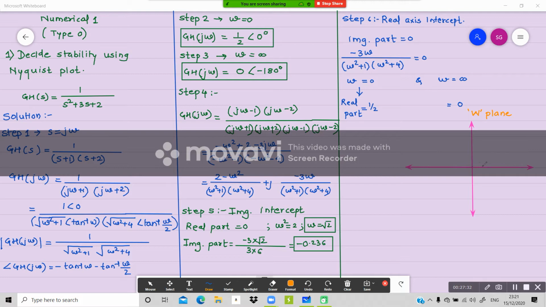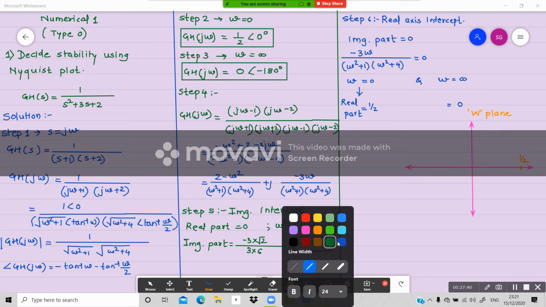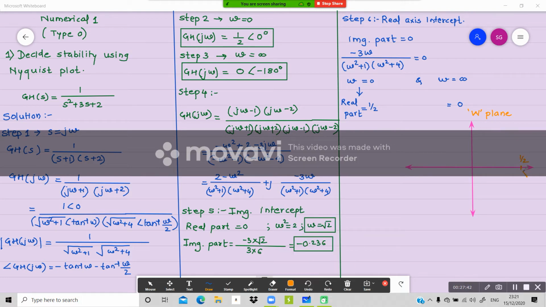So let us say from this point till this point that you are having is half, magnitude half. Okay. And this is happening at omega equal to 0. At omega equal to 0, you are getting this value, and definitely you very well understood that angle is 0. So that's why I marked the point.